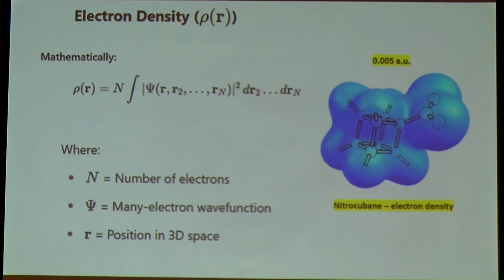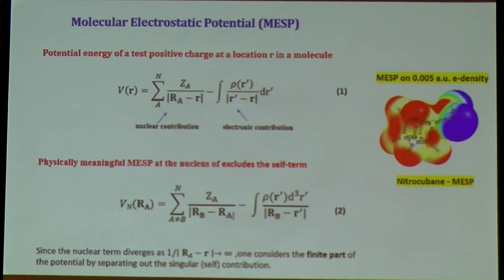Now, this is the nitrocubane. Cubane is connected with the nitro group, and the electron density surface is at 0.005 atomic unit. Now, this is the electrostatic potential definition. The theoretical part is already described in Professor Gadre's talk.